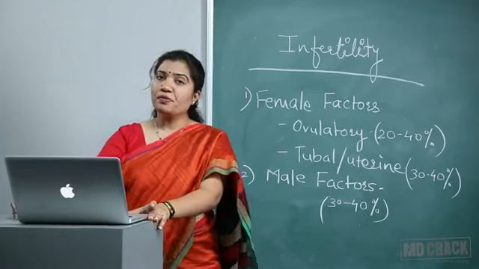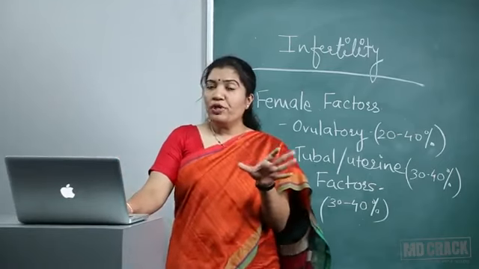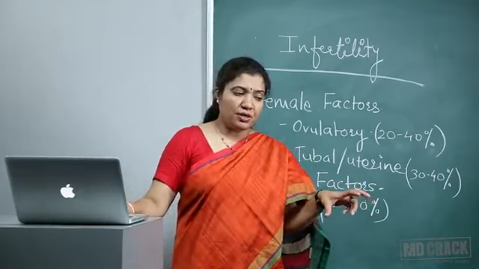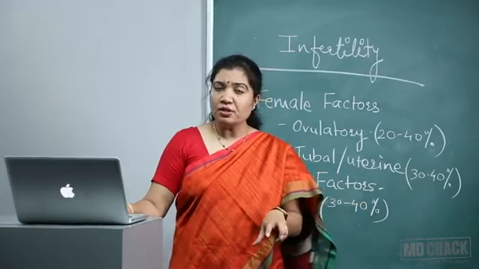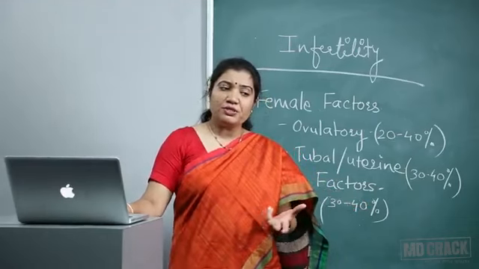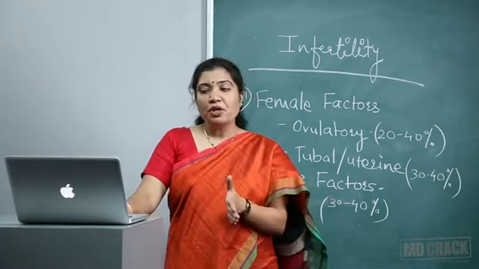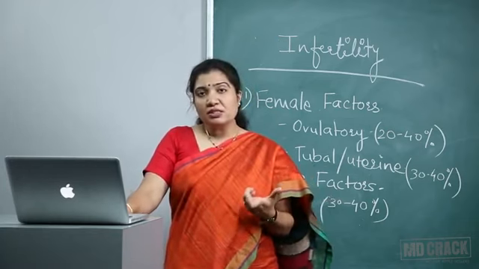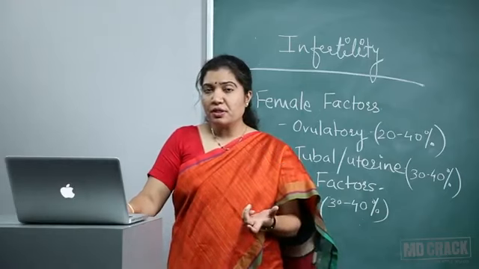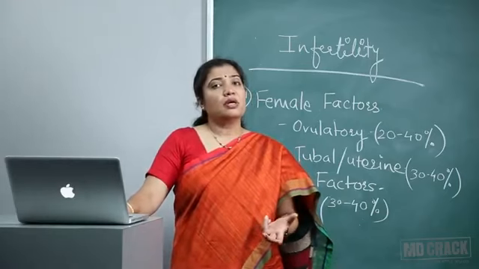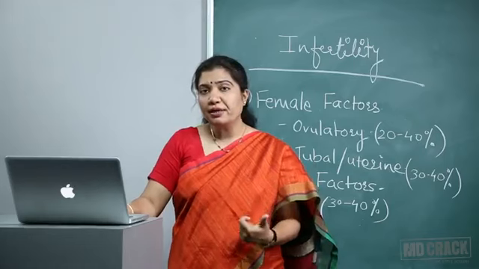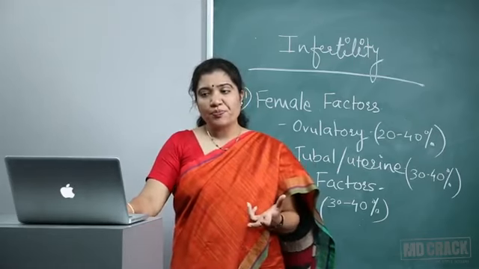How is it done? Around the ovulation time, meaning we are doing ultrasound monitoring of the follicle. When we know that the follicle is of 20 millimeter size or around, ovulation is likely. At that time, we ask the couple to have coitus, maybe early morning, and then we ask them to come to the clinic within 2 hours.